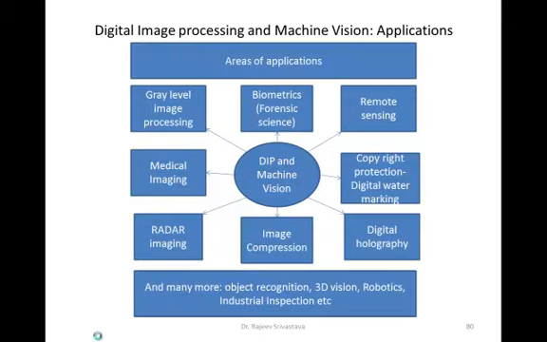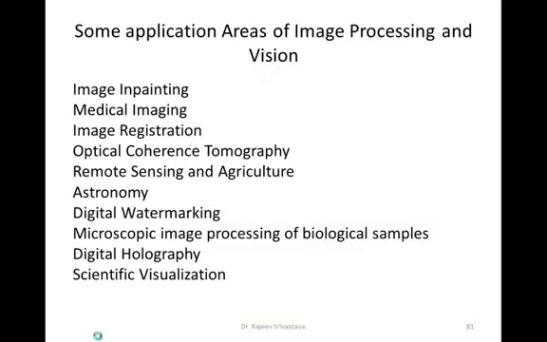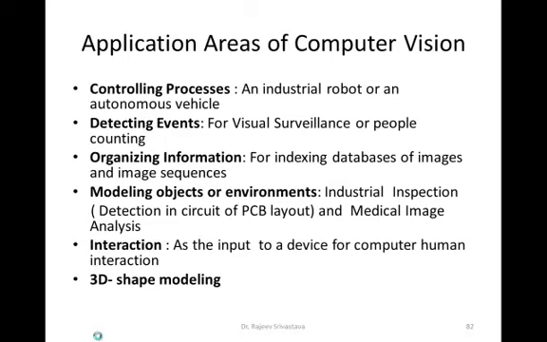For example, object recognition, 3D vision, robotics, industrial inspection, etc. Some application areas of image processing and vision: image inpainting, medical imaging, image registration, optical coherence tomography, remote sensing and agriculture, astronomy, digital watermarking, microscopic image processing of biological samples, digital holography, scientific devices. Application areas of computer vision: controlling processes, detecting events, organizing information, modeling objects or environments, interaction, 3D.